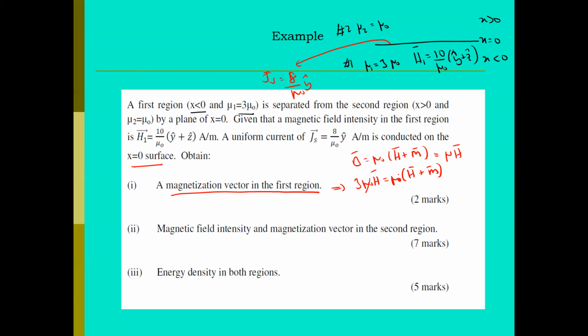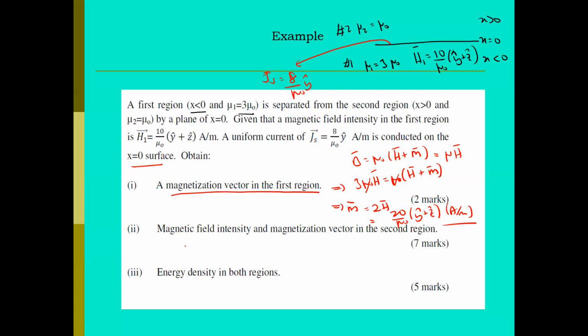So mu naught can be cancelled out, and as such, the M vector shall be equal to 2H. For the first region, we are given H, which is 10 over mu naught (y plus z). So we have 20 over mu naught (y plus z) in ampere per meter for the magnetization vector in the first region. That should be the answer for the first question.